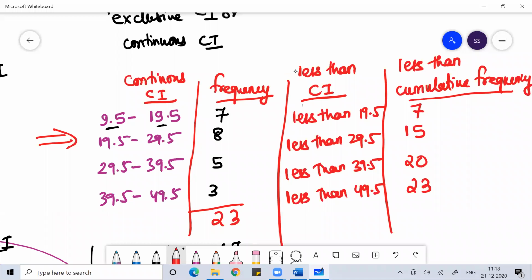So we have to make sure our data is represented in the form of continuous class interval. Once your data is in continuous class interval with a normal frequency, you can talk about the same data in the form of cumulative frequency, which can be less than cumulative frequency or more than cumulative frequency. Anyone, any doubt, any question?